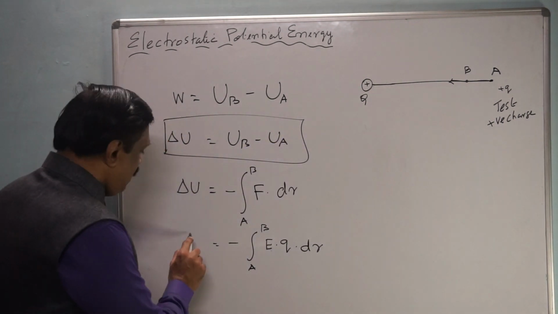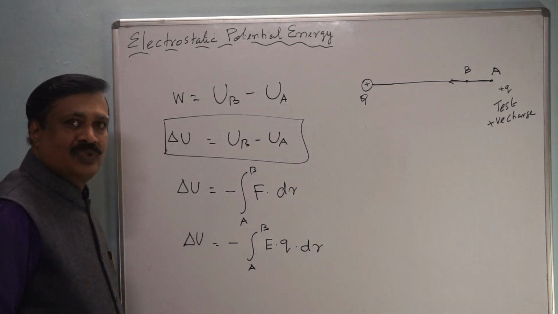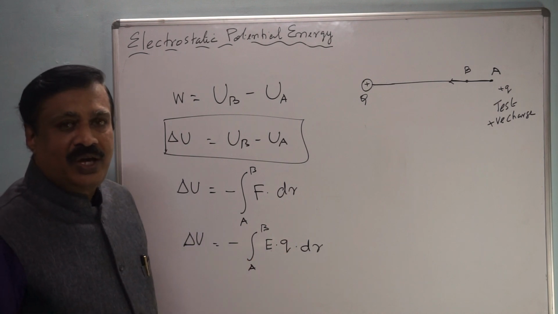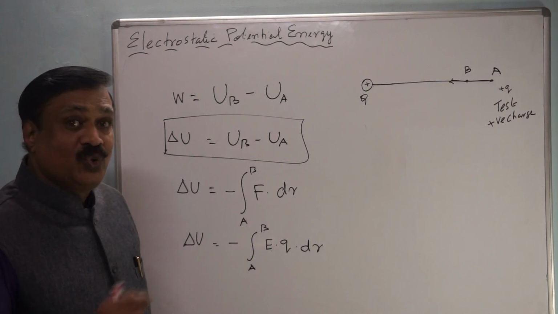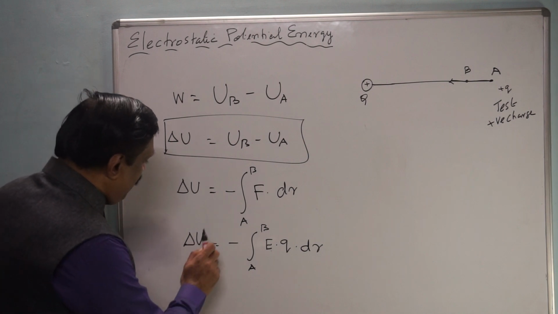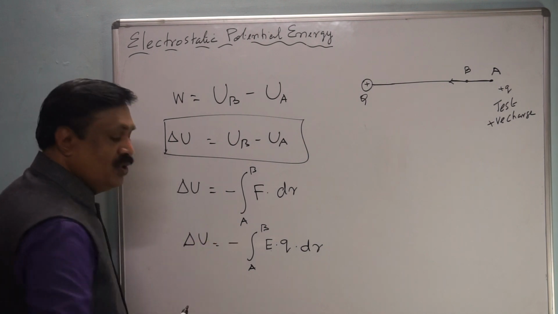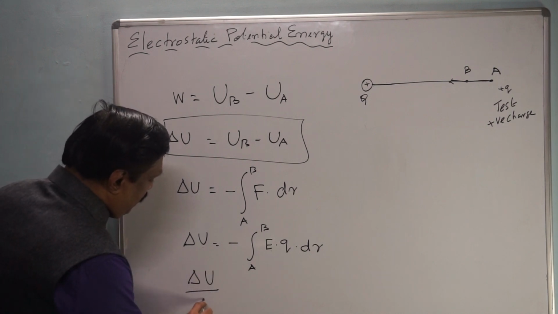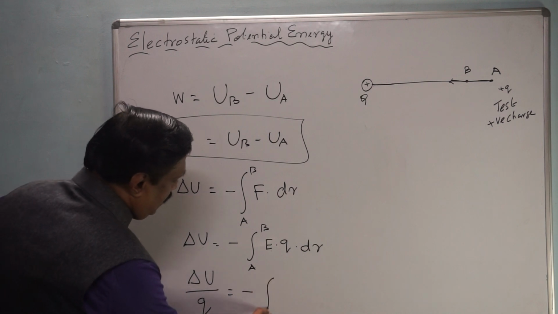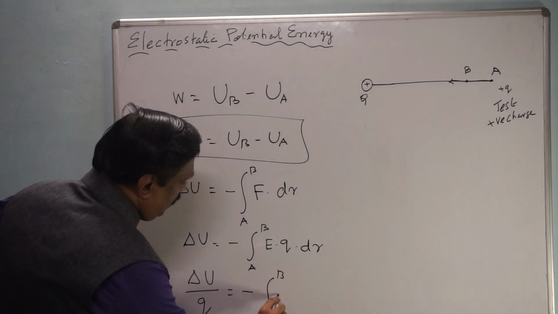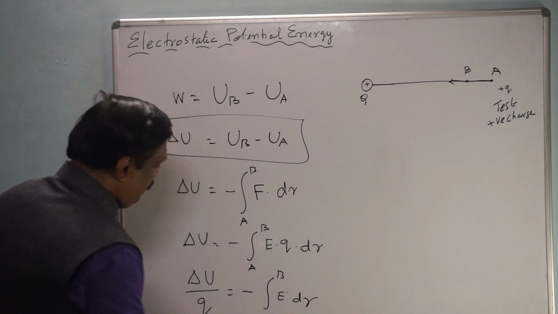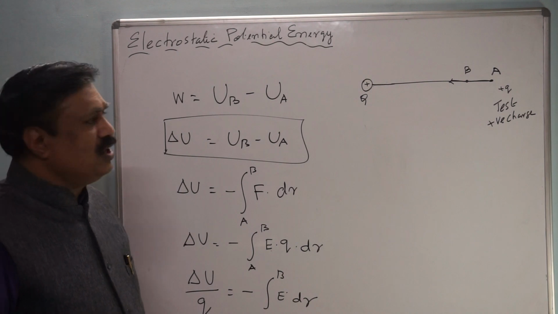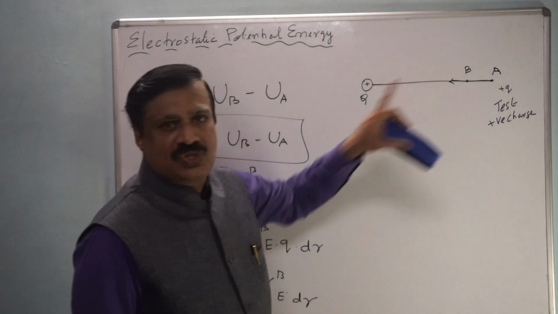Now this is delta U, which is for some charge. If it is a unit charge, then you have to divide by Q. Therefore, delta U divided by Q equals minus integral A to B of E dr. Now this is the potential energy difference between this point and this point.